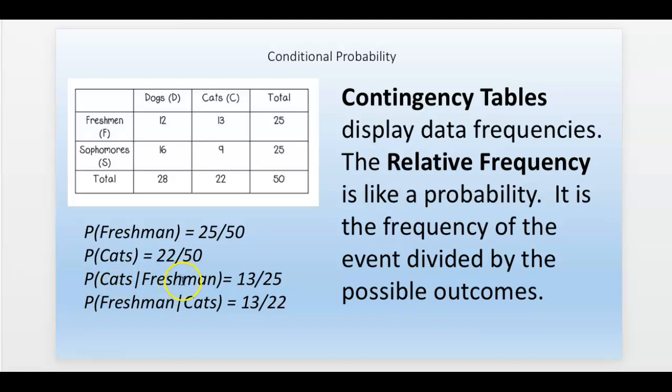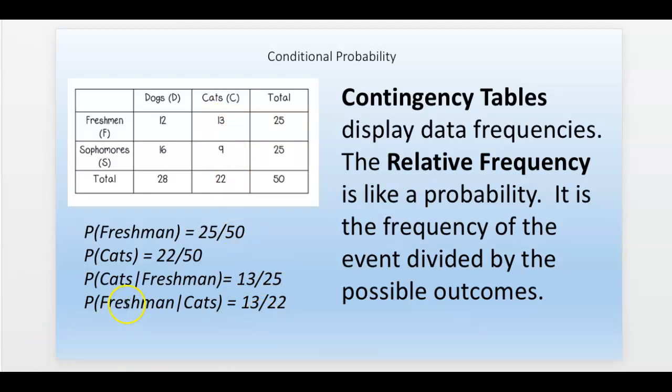All right, so the bottom number, you just look at the freshmen. Look across here. There's a total of 25 freshmen. We have limited the sample space. The bottom number is limited. We're not talking about all 50 students here. We're only talking about the freshmen. And of those freshmen, how many own cats? 13 out of 25.